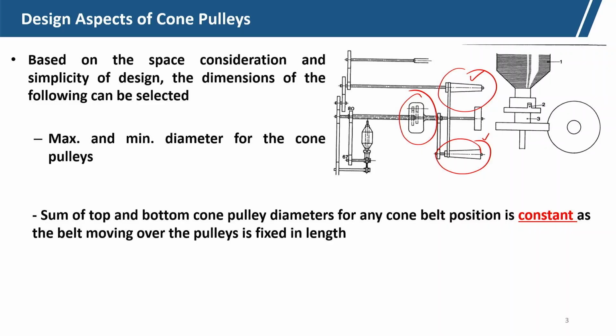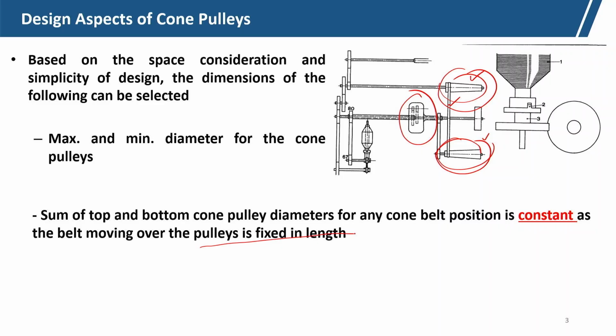So, the sum of the top and bottom cone pulley diameters for any cone belt position should be constant, because we use a single belt of fixed length.